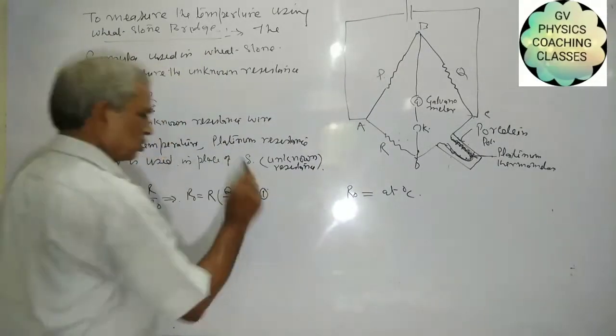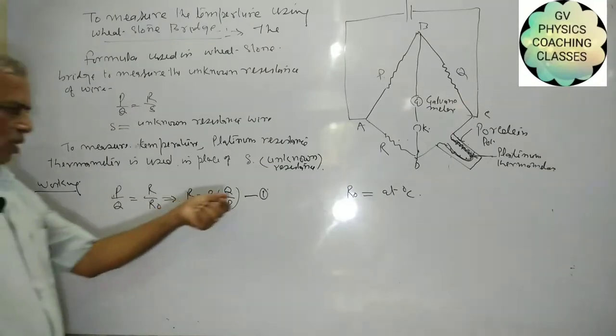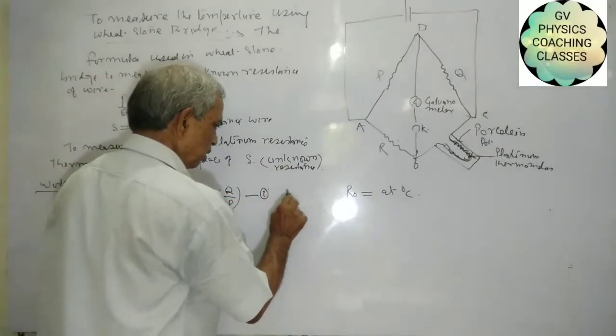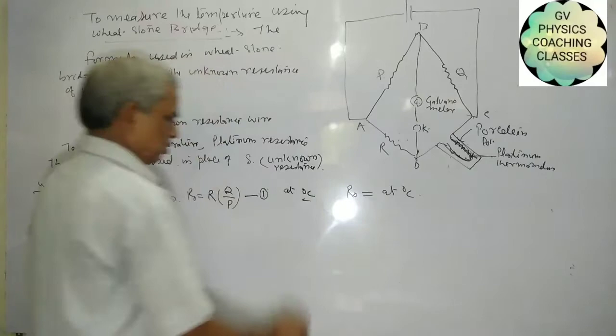This is equation first, for R0 at 0 degree Celsius.